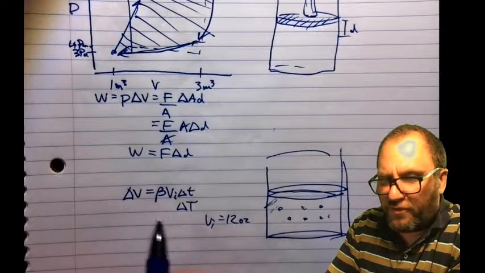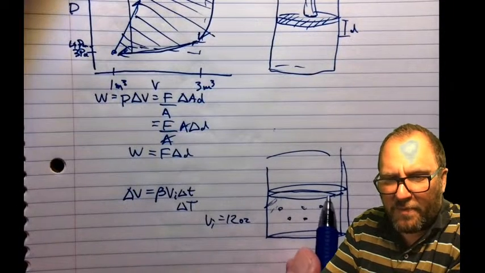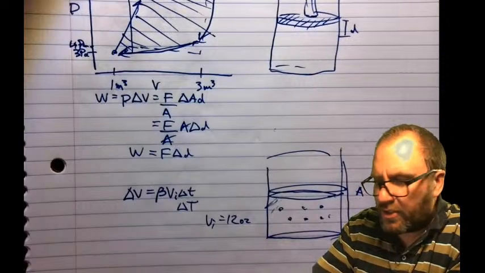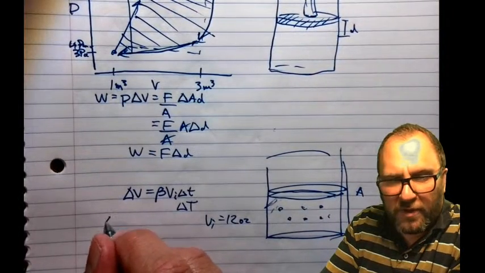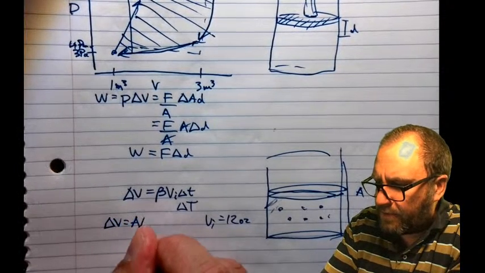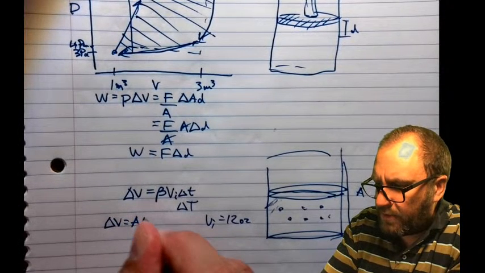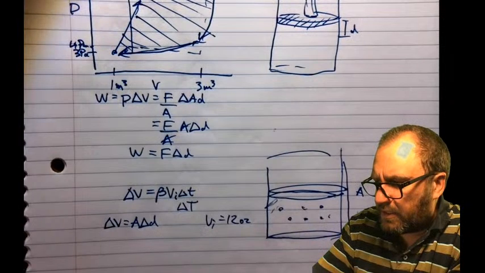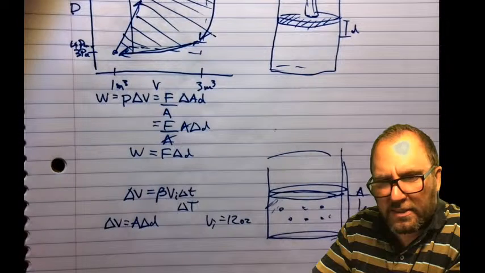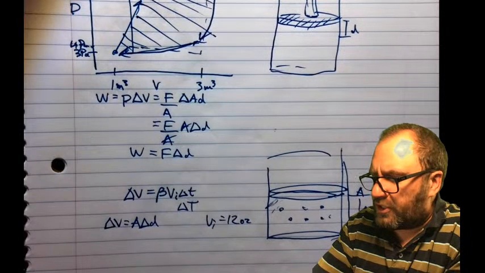So when we get a change in V, if this is in, say, a piston, the area of the piston is not going to change. So therefore, our change in volume we could write as delta V is equal to A times delta D. Right? So the distance here is changing. This is going to be delta D. There it is.